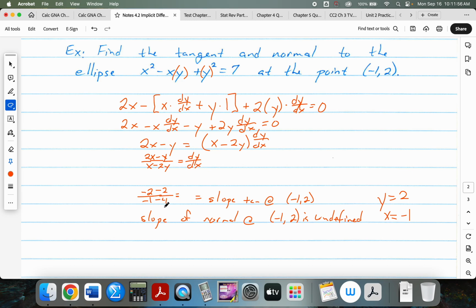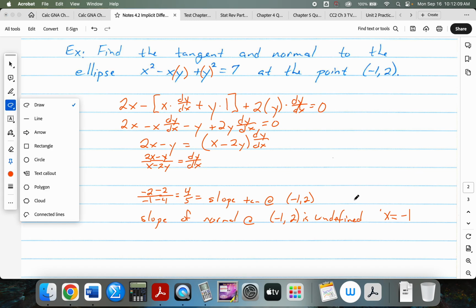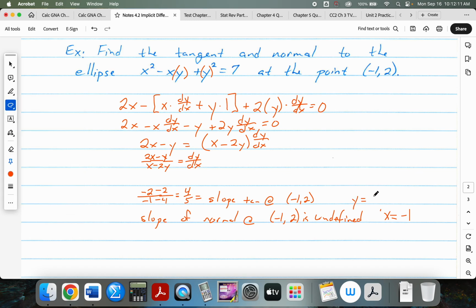So it's -4 over -5, which is 4/5. So we've got y is equal to 2 plus 4/5 of x plus 1.